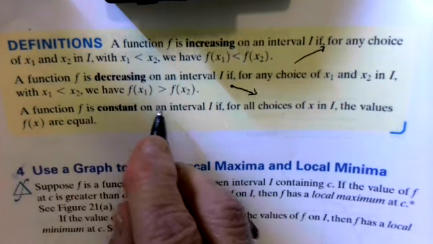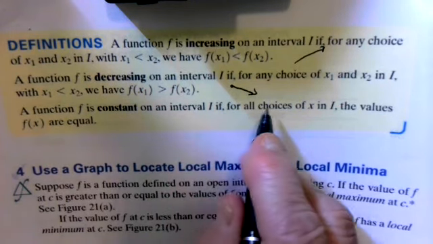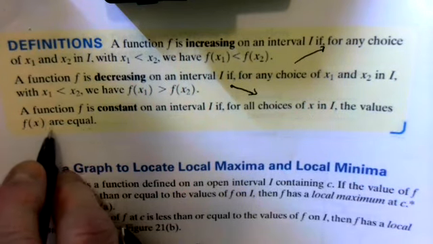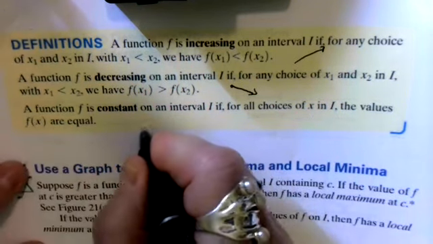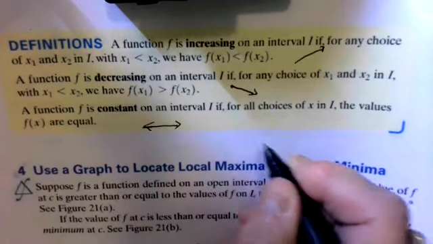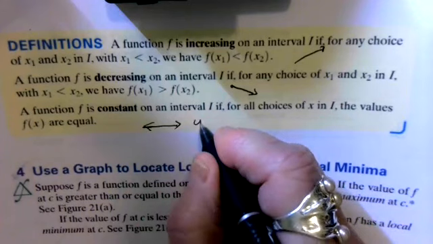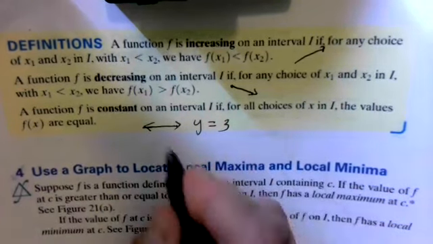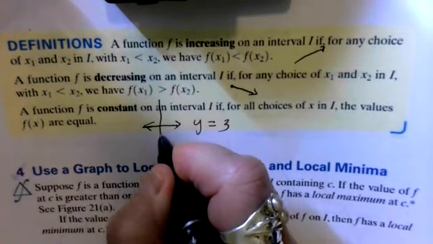A function is constant on an interval I if for all choices of x in I, the values of f of x are equal. And that would look like, you know, y equals some number, like y equals 3. It would be a constant function.